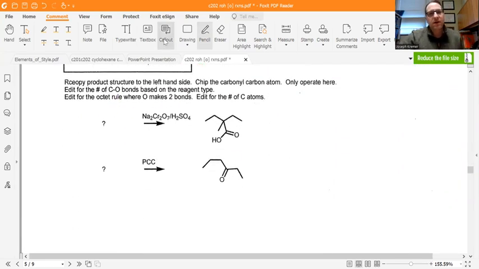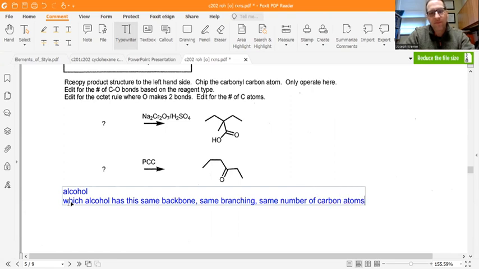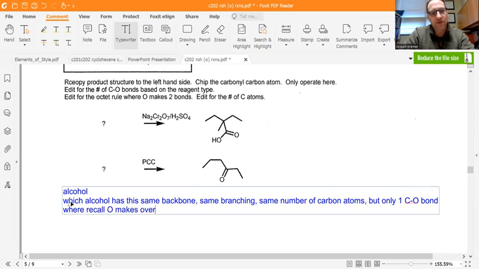And here, let's think alcohols, okay? Which alcohol has this same backbone, same branching, same number of carbon atoms, but only 1 carbon oxygen bond, where recall oxygen makes overall 2 bonds.